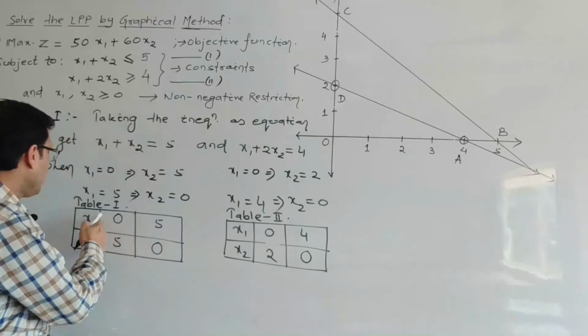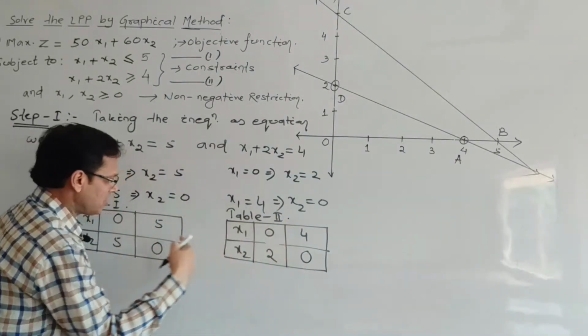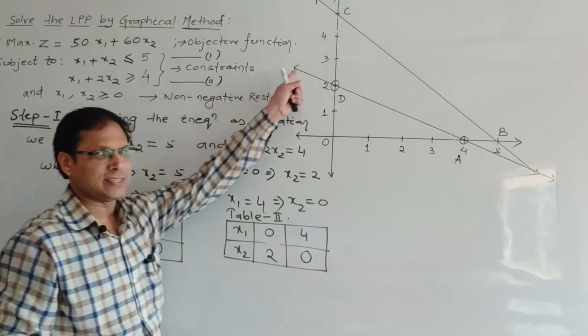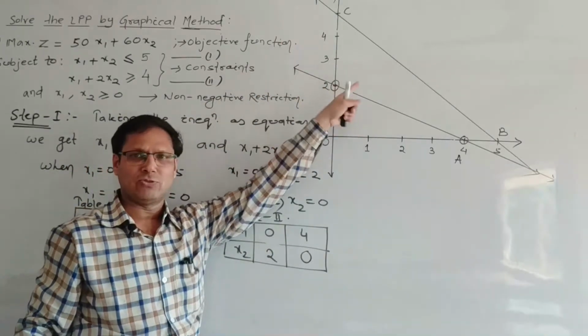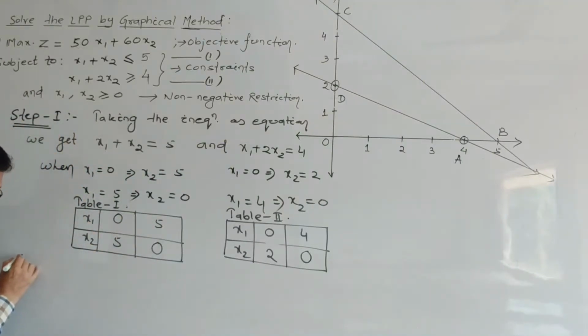Now from table 1 and table 2, taking these 2 points and these 2 points, we can draw 2 lines, named L1 and L2, on the graph paper. That is step 2. The first step we have already completed.